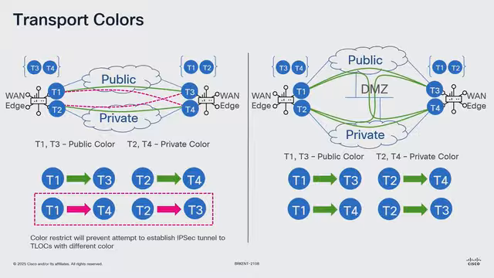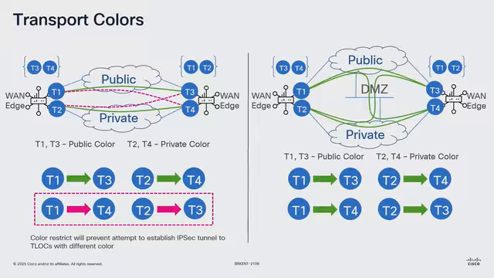By default, if there is no restrict option defined, T1 to T3 and T1 to T4 tunnels are formed. And the same for T2 to T4, T2 to T3. But if you want to restrict the formation of these data plane tunnels to the same transport, for example, T1 and T3 are both on the public WAN link, I want a tunnel only between these two.